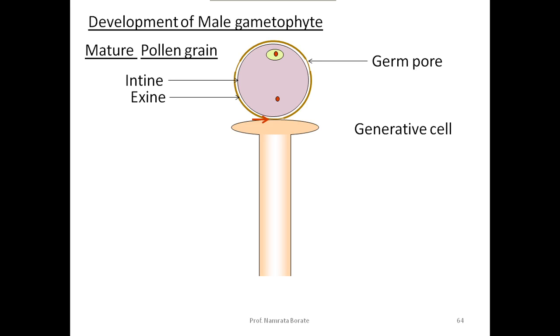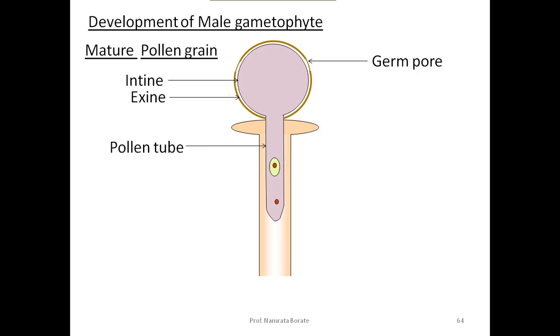After the formation of the two-cell stage, the pollen grain dehisces from the pollen sac of anther and falls on the receptive stigma and starts development of the pollen tube. The vegetative cell forms the tube nucleus and the generative cell undergoes mitotic division, forming two non-motile male gametes.